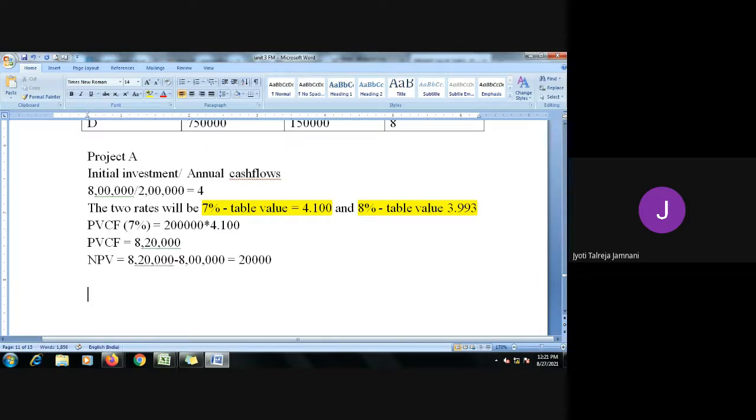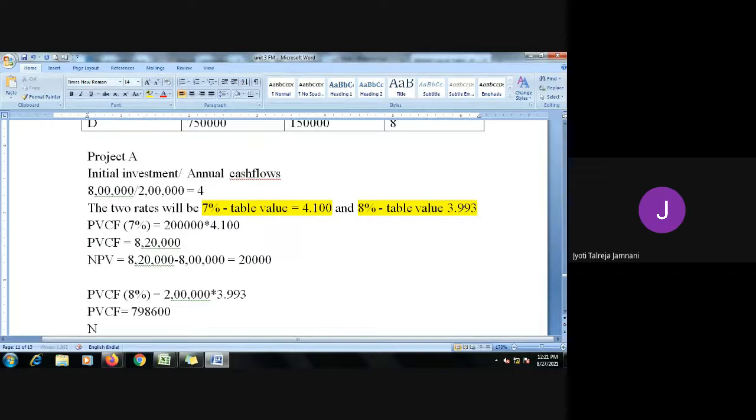Similarly, we'll do present value of cash flows at 8% rate, which is equal to 2 lakh annual cash flow into, at 8%, the table value 3.993. So present value of cash flows will be equal to 7,98,600.